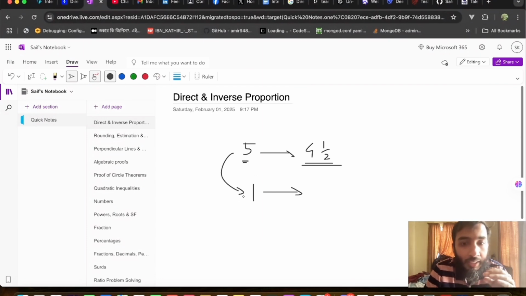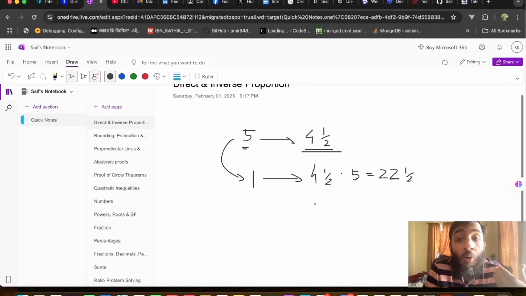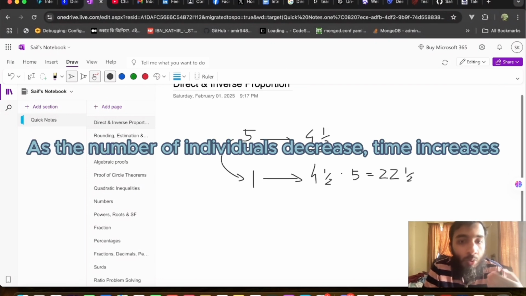One cleaner now has to do all the work of the 5 cleaners, so it would take 5 times more time. That's 4.5 multiplied by 5, which is 22.5. So one cleaner would take 22.5 hours, because he has to do the work of all 5 cleaners.